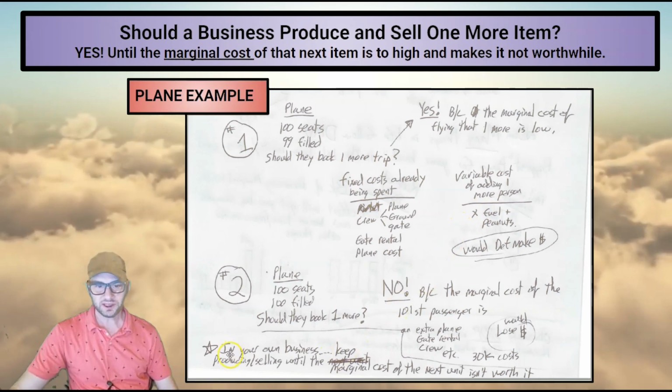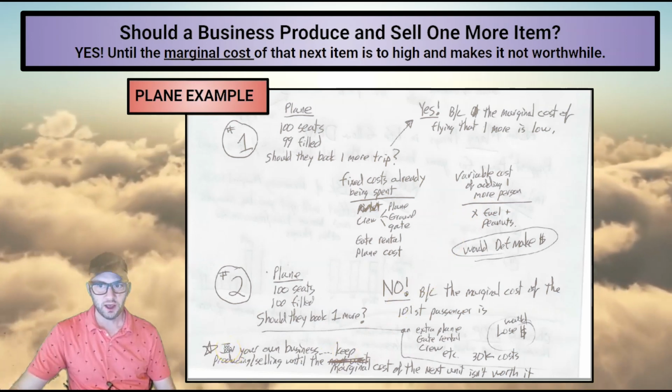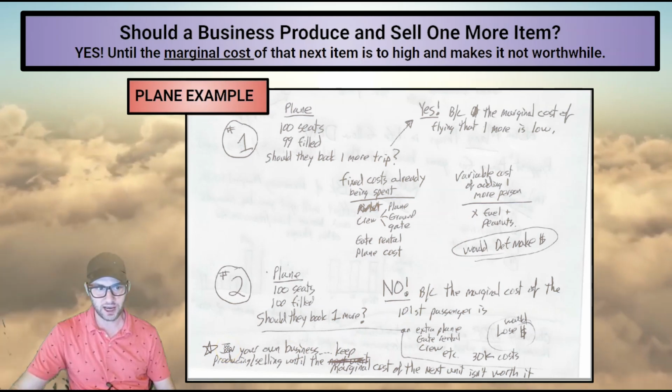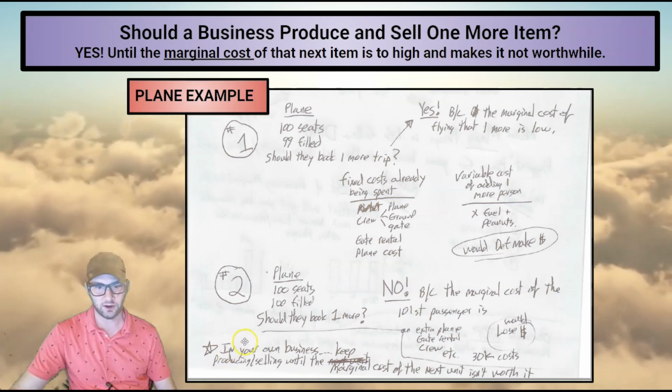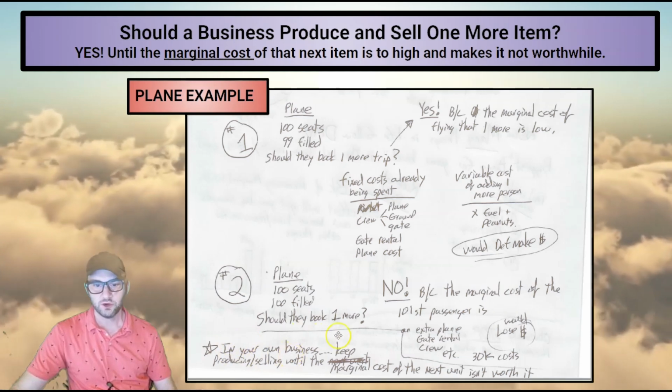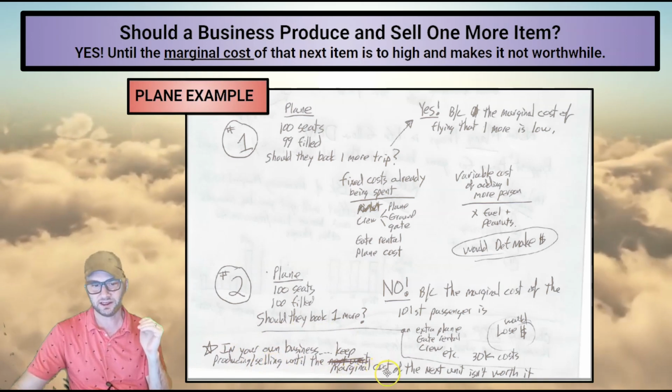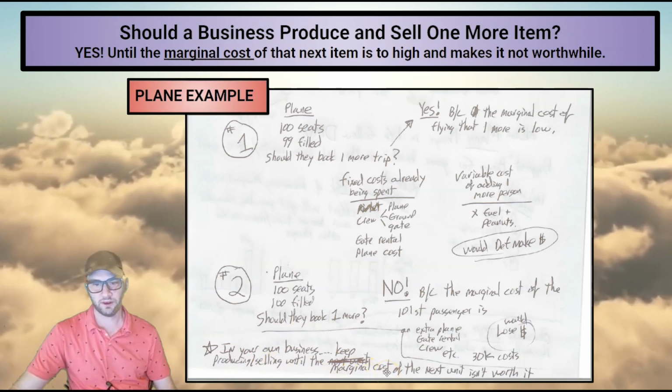So in your own business, it is not true that you should always do an extra hour of tutoring, that you should always stay open for an extra hour. Look, in your own business, you keep producing and selling until the cost of that next unit isn't worth it for you.